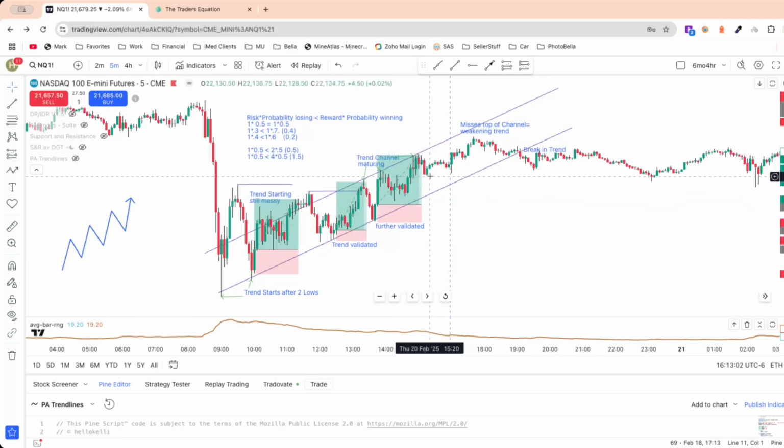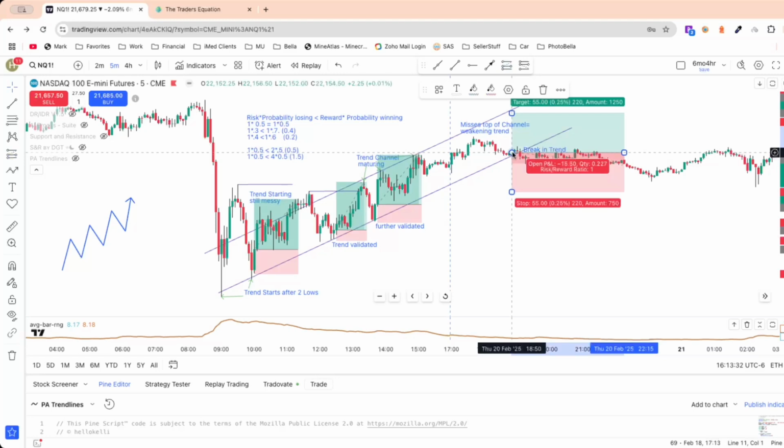Now, okay, you see how we started to come down right here, but we only came down to the middle. I would not want to enter there because we're in the middle of the channel, and we didn't come down far enough. And then you see whenever we start to come down, we never do turn around. I guess there is a possibility that as we were coming down and I saw this green bar right here, I would have said, oh, there I can enter.